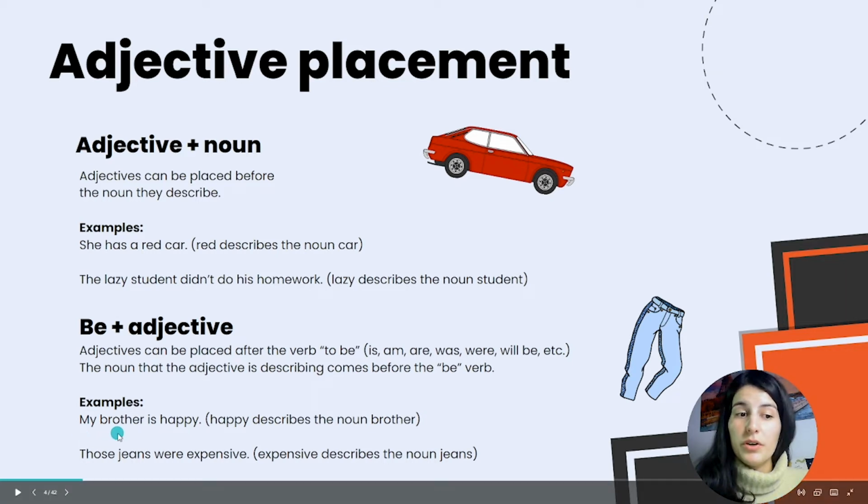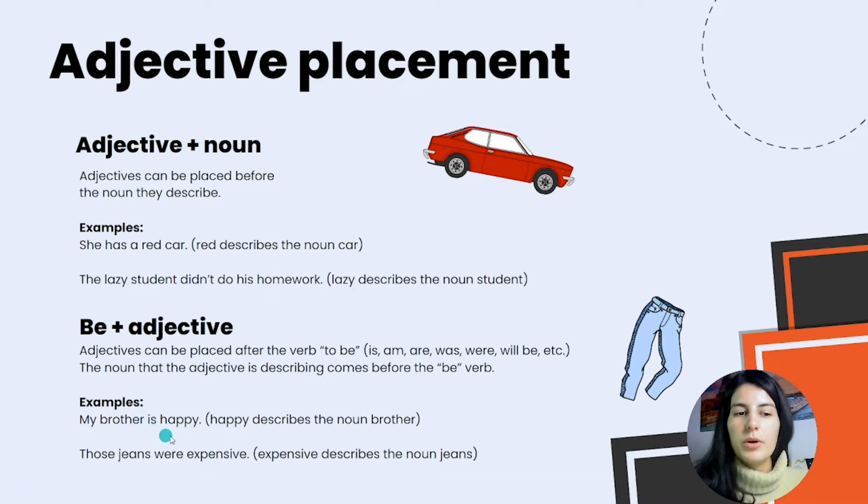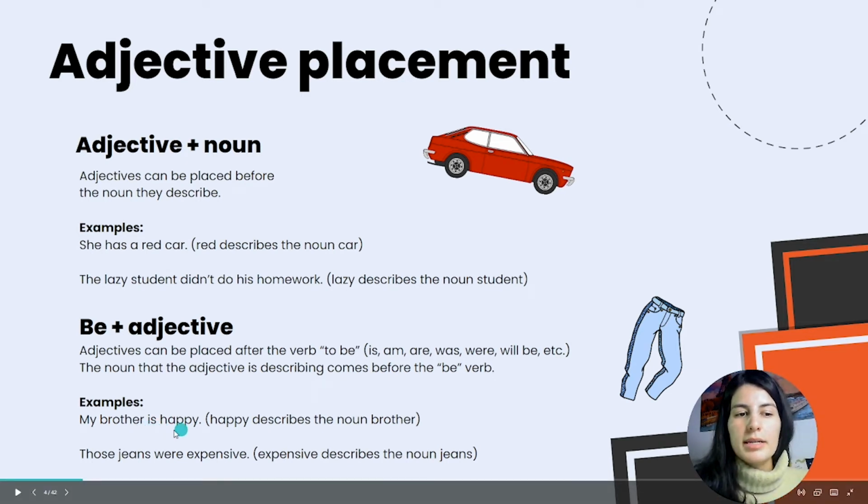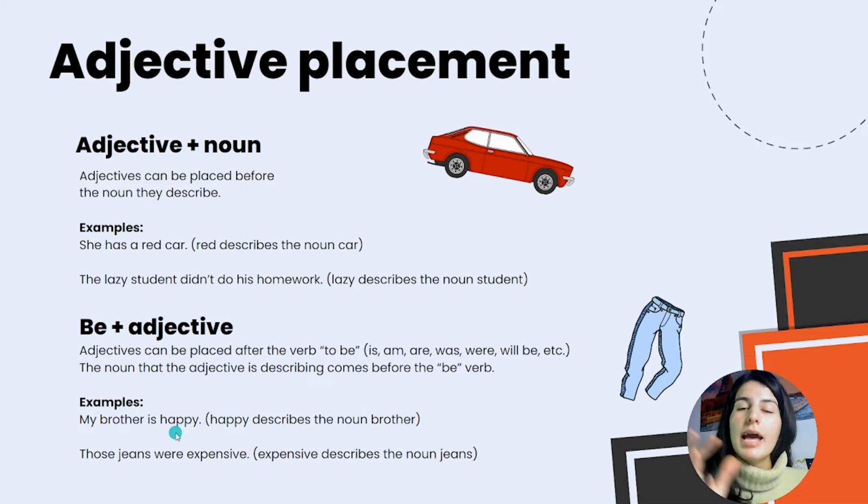Because of the verb to be over here, our adjective happy, describing the noun brother, is appearing after. Right? Now, why do we use this? Why is happy here? Because happy is the complement of the sentence, right? And as the complement of the sentence, it will come in the end, okay?